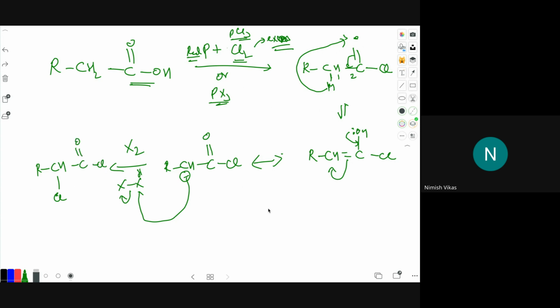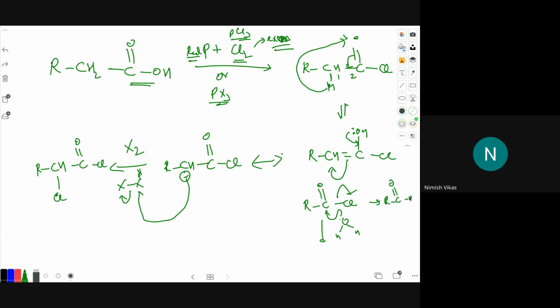And when we hydrolyze RCOCl, see, when we give water, how will water react? Water will go like this. It will act as a nucleophile. This will go up, this will come back, and this will leave. So what do you get?